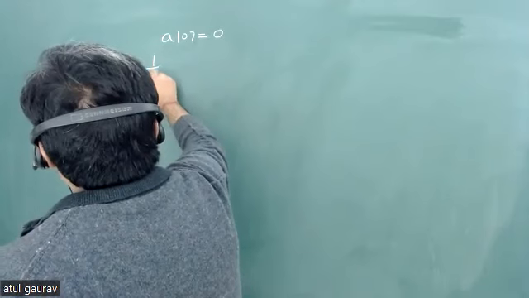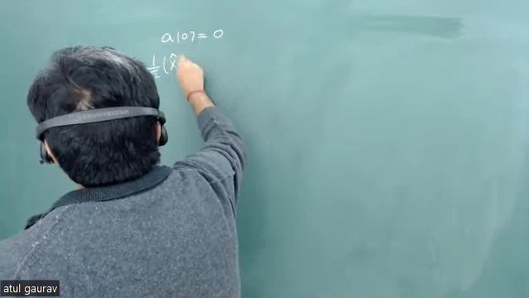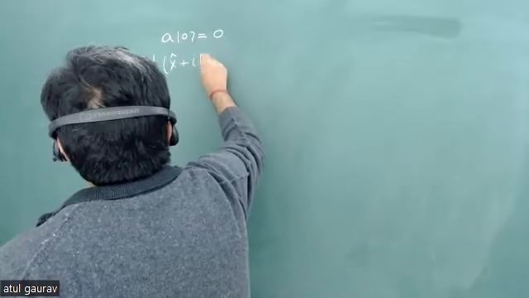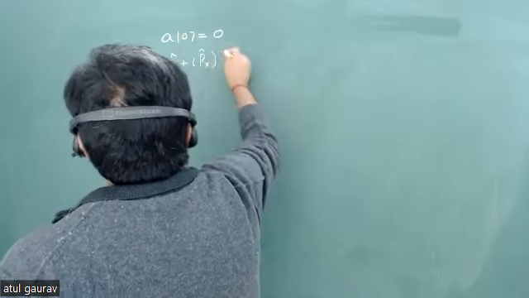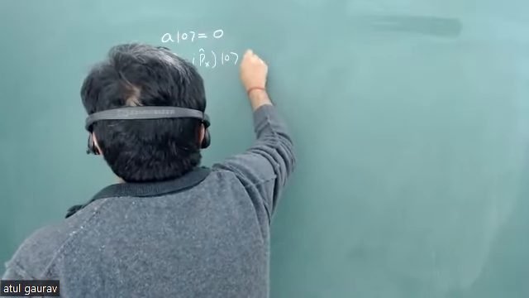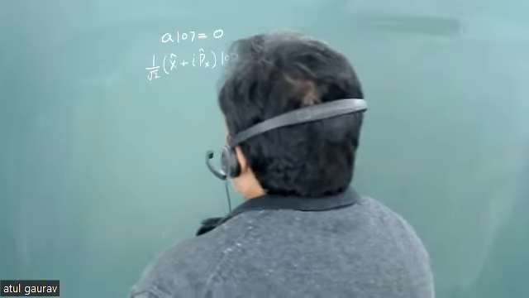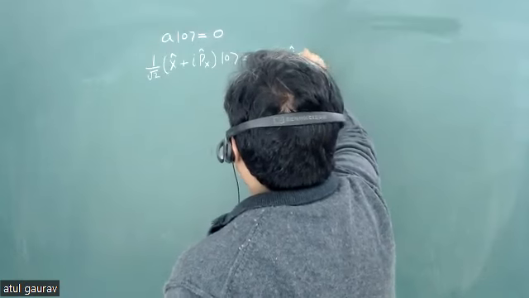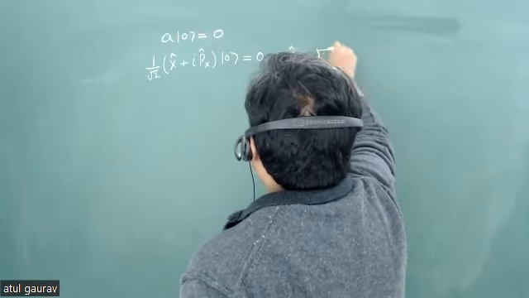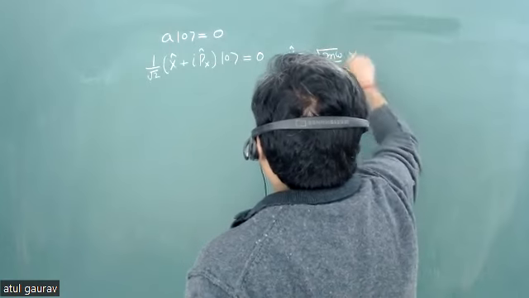A is nothing but 1 upon root 2 times x cap plus i times p_x cap. And obviously, operating on the 0 ket, you are getting 0. And we know that x cap is nothing but root under m omega upon h cut times x.